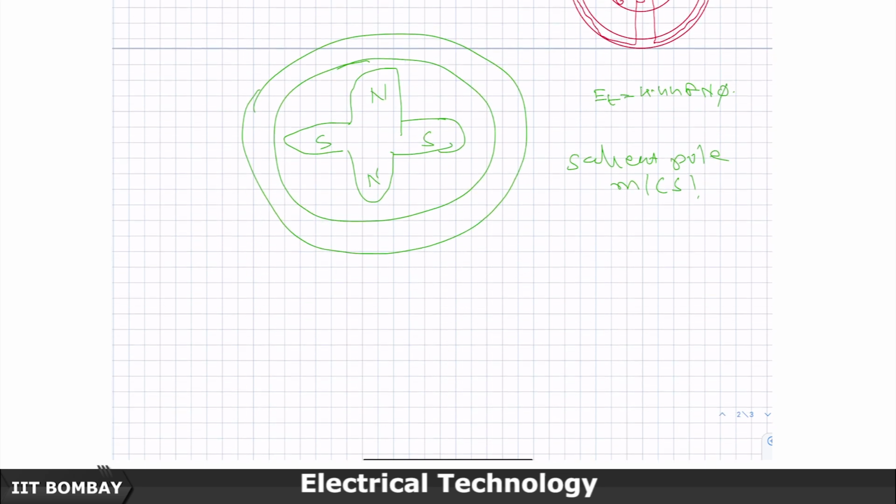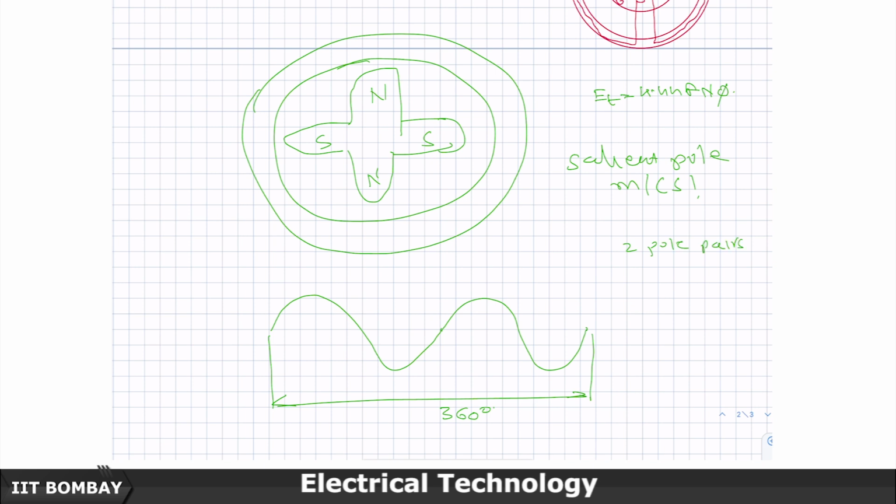Now, in the space of 360 degrees mechanical for a 4 pole machine, suppose this is 360, this is 2 pole pairs, or effectively 4 poles.